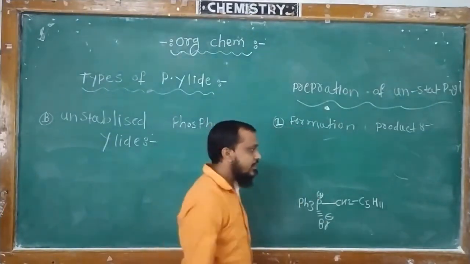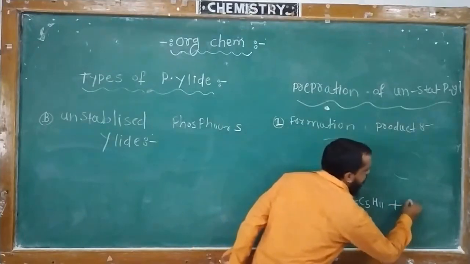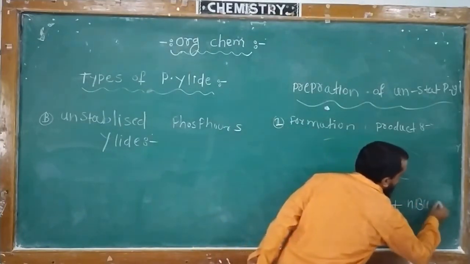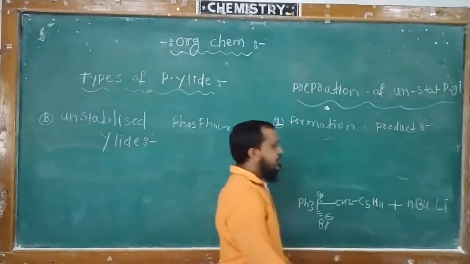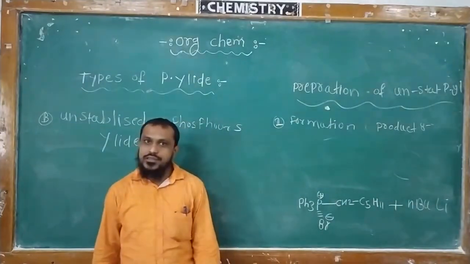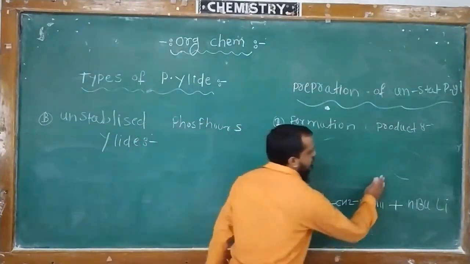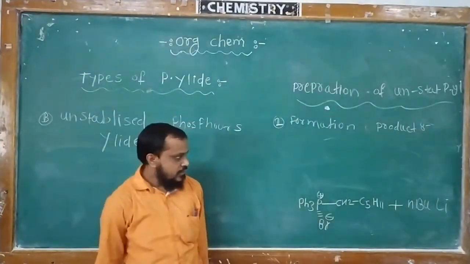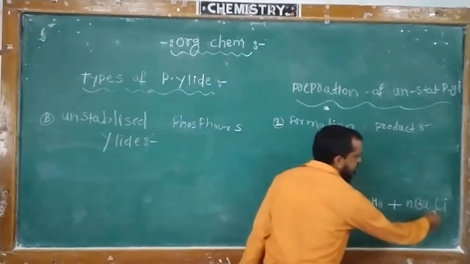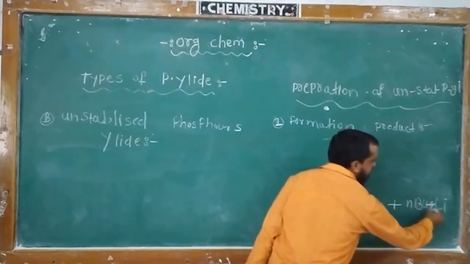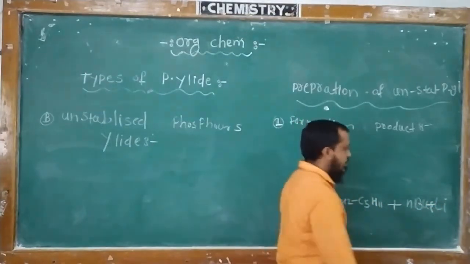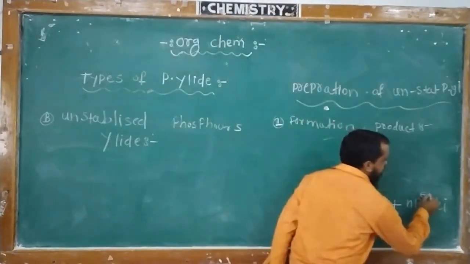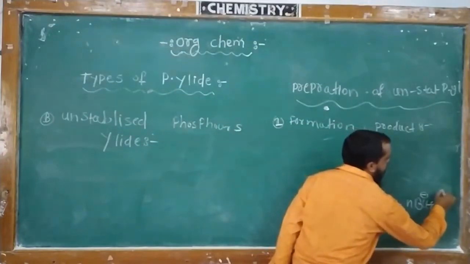So I have taken n-butyl lithium here. The n-butyl lithium is a strong base. So in this reaction, firstly the n-butyl lithium undergoes heterolytic bond cleavage, and the butyl carbon bears a negative charge and lithium bears a positive charge.